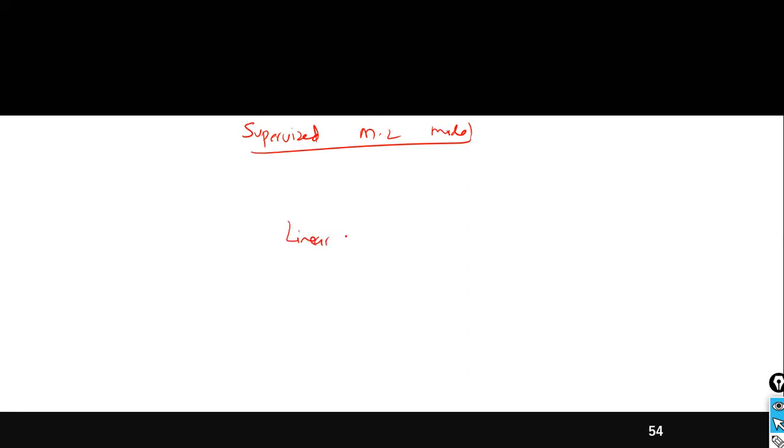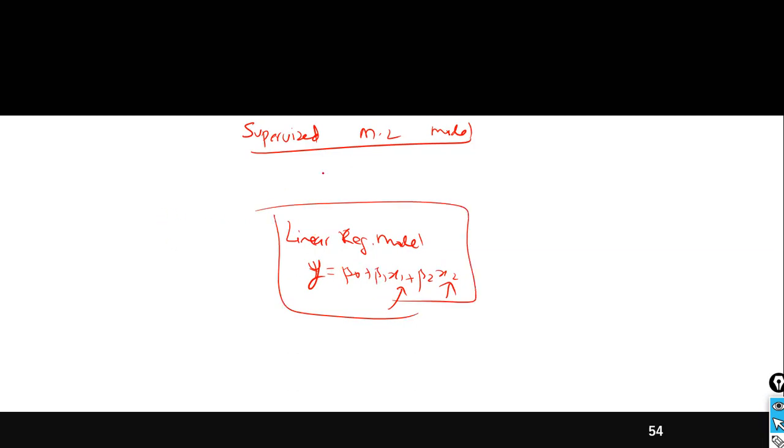What is the linear regression model? The equation here, that's all. Y is equal to beta naught plus beta 1 x1 plus beta 2 x2. These are your independent variables. You have more than one, right? You are training your model. Training, in the sense, we are teaching the model.